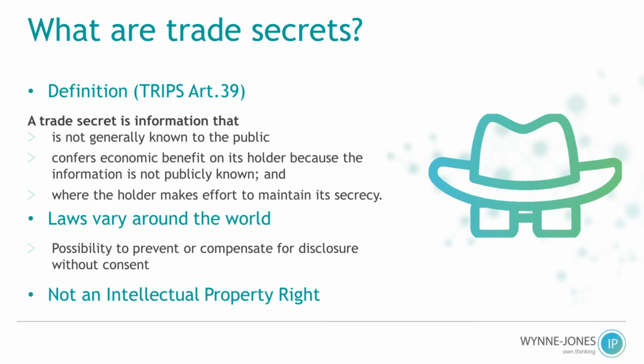One aspect that we will not go into in detail but need to remember is that the laws vary around the world as to how trade secrets are protected and how it is possible to prevent or compensate for disclosure without consent. Some countries have a specific trade secret law, for example Switzerland.